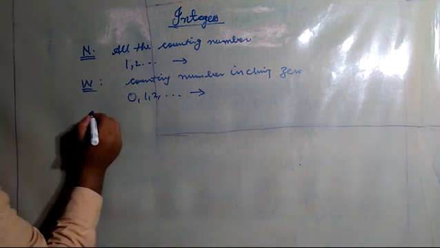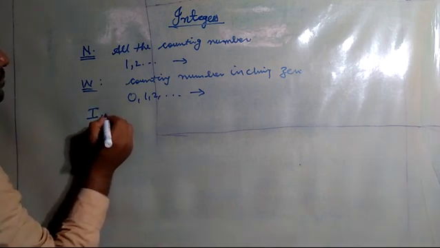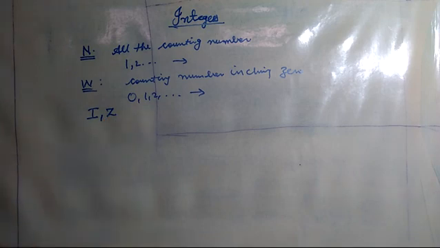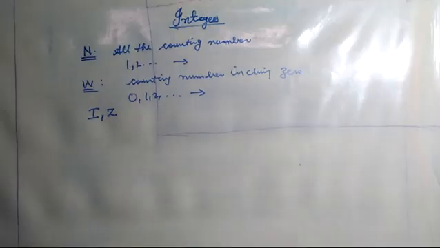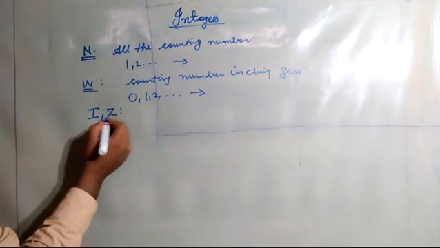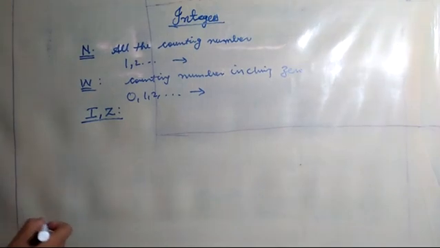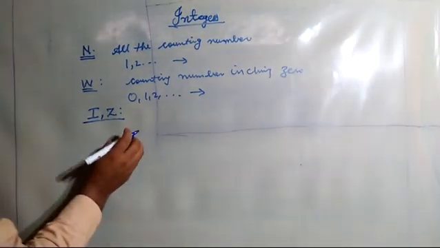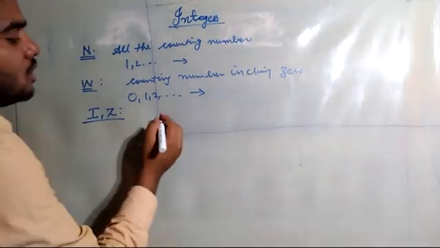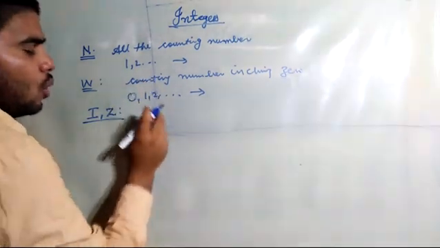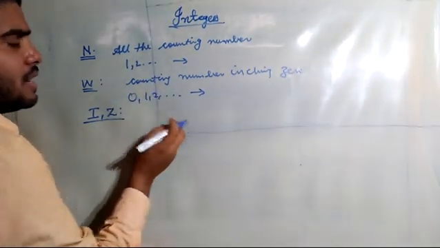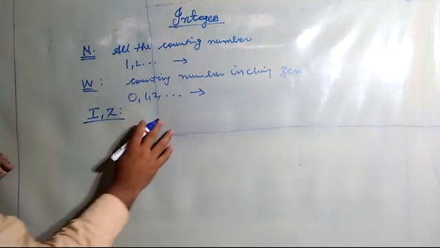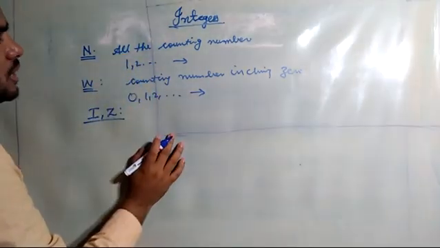Now we have integers, which are represented by either I or Z. So all the counting numbers, whole numbers and the negatives of the natural numbers are said to be integers.